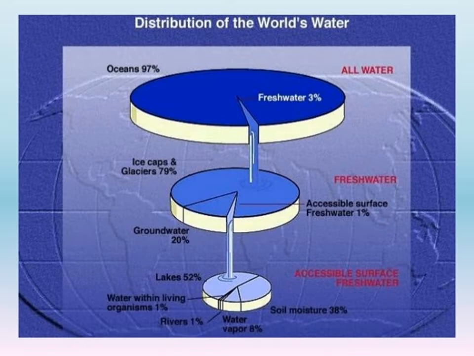If we take only the fresh water, 79% of that water is stored in ice sheets and glaciers. 20% of this water is stored underground. And only 1% of this fresh water is found on the surface in rivers, streams, and lakes.